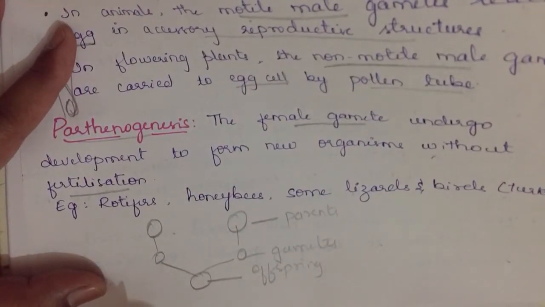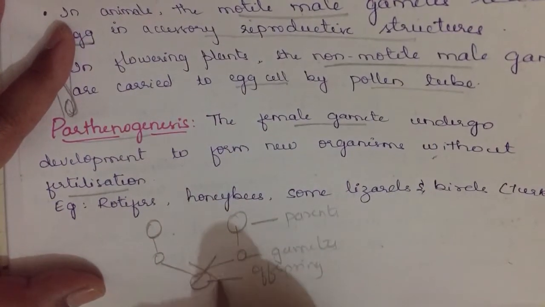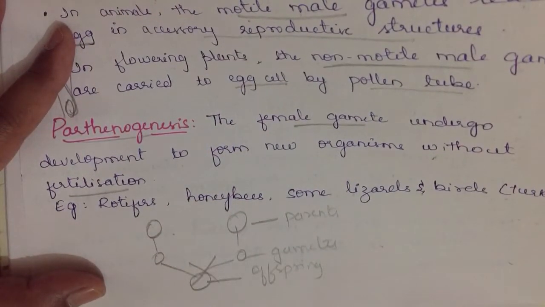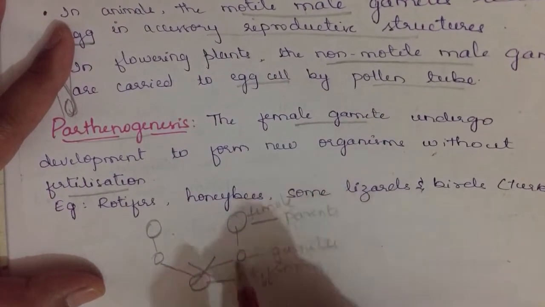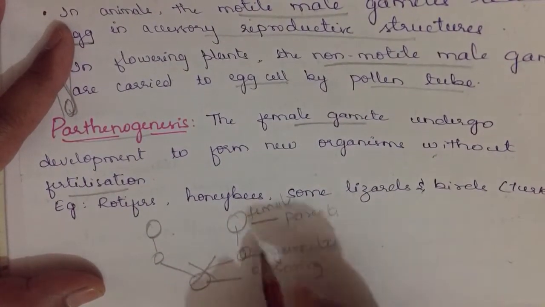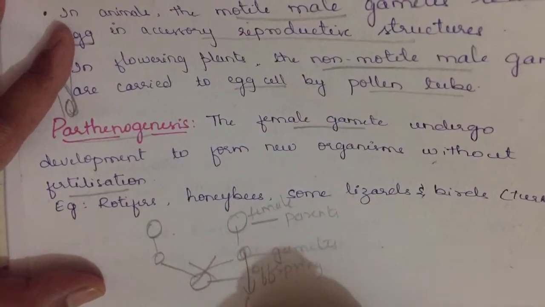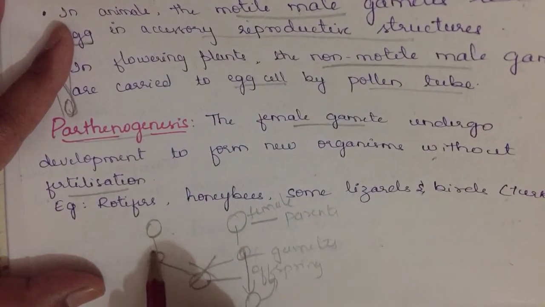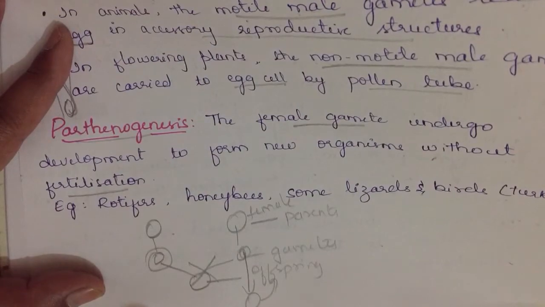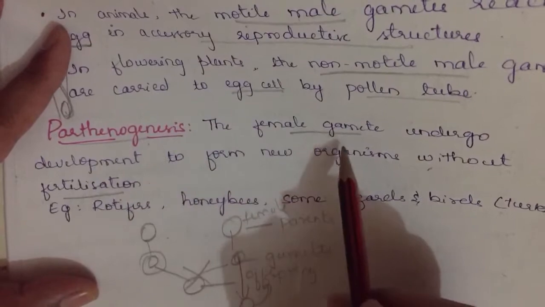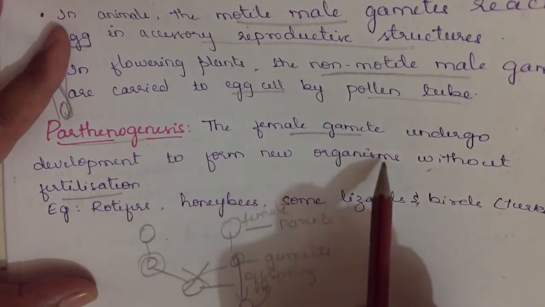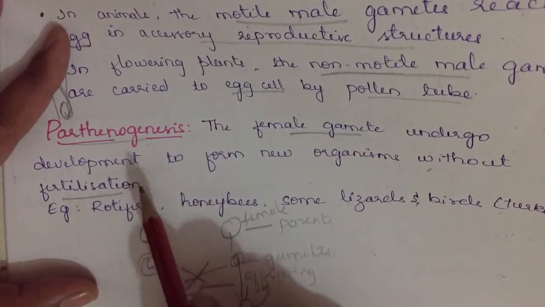But a few organisms are there where fertilization does not take place. If we think of this as a female parent, the gamete produced by the female itself will develop into offspring without fusing with the male gamete. For that we call it parthenogenesis. The female gamete undergoes development to form new organisms without fertilization.